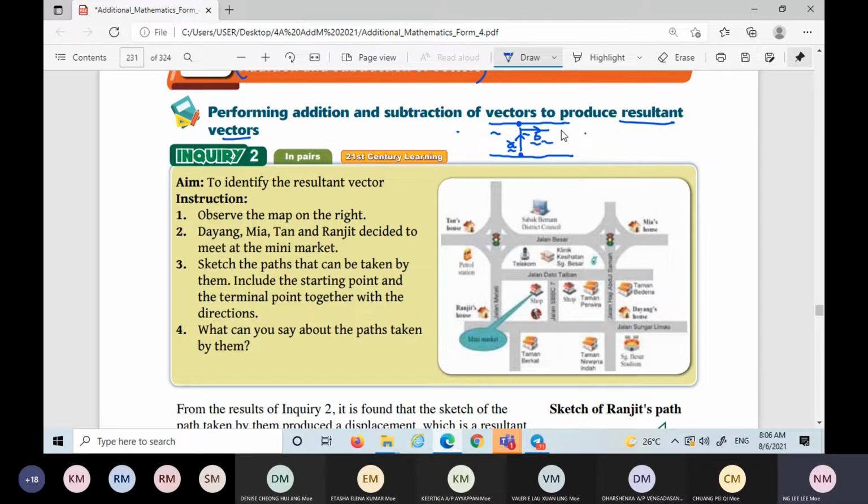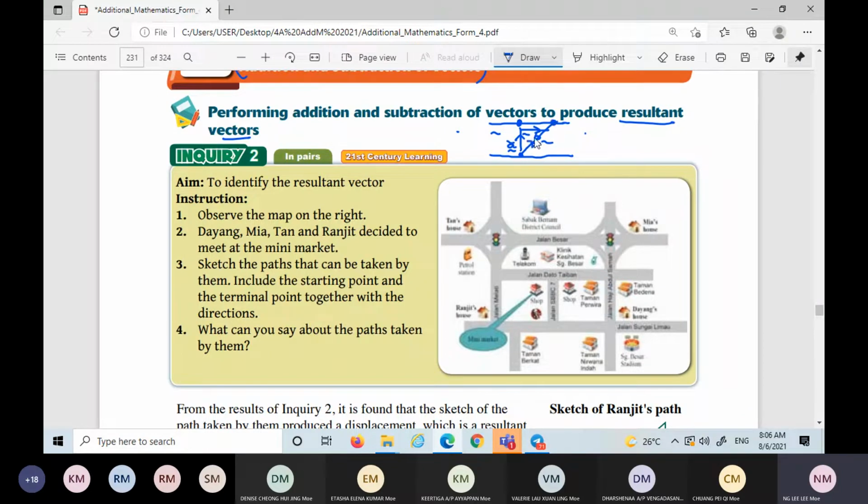So at the end, if you swim in this direction, you will not reach here, because the stream flow brings you downstream a bit. So at the end, you will reach here.